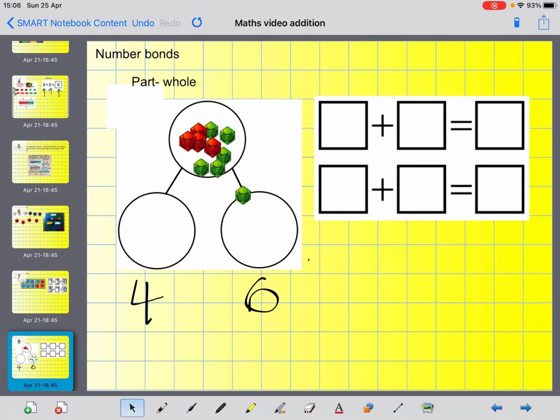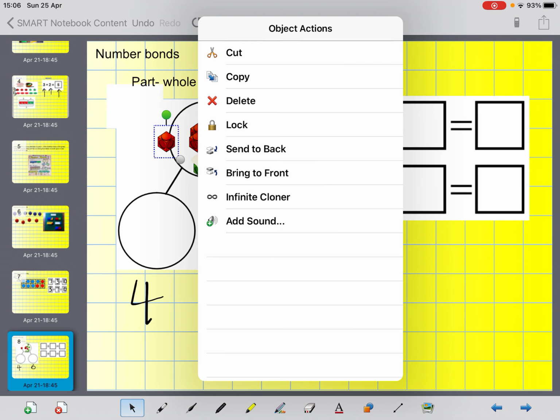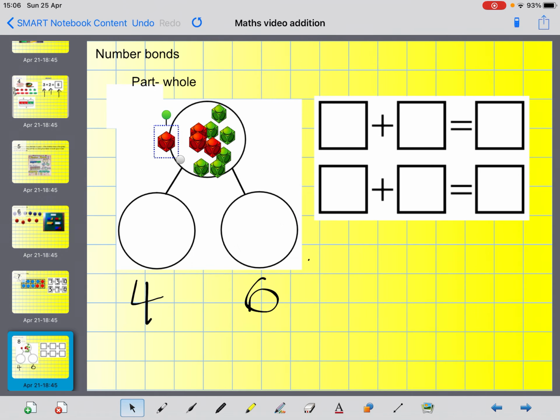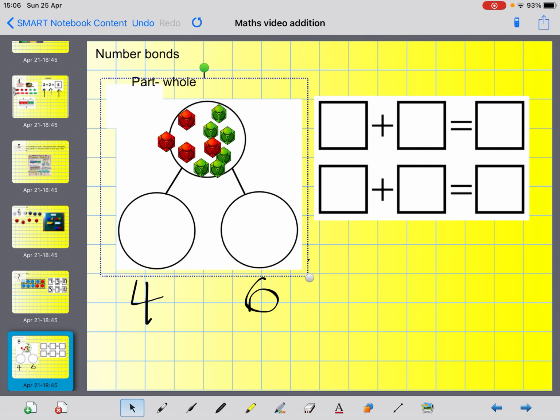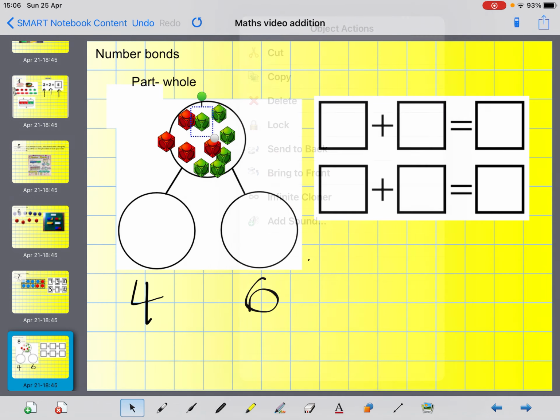So I know when I put them all together there's 10, because I can count them: 1, 2, 3, 4, 5, 6, 7, 8, 9, 10. There's 10.